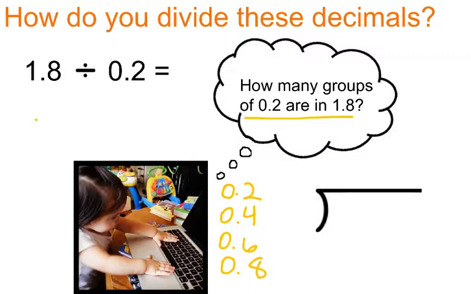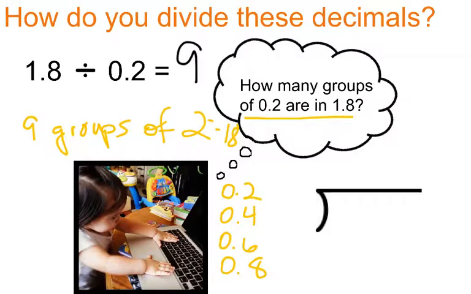And I know, of course, that 9 groups of 2 give me 18. So when I count by 2/10, I can see that 9 groups of 2/10 will give me 1 8/10. And the way we can check that is by saying 1 8/10 divided by 2/10.